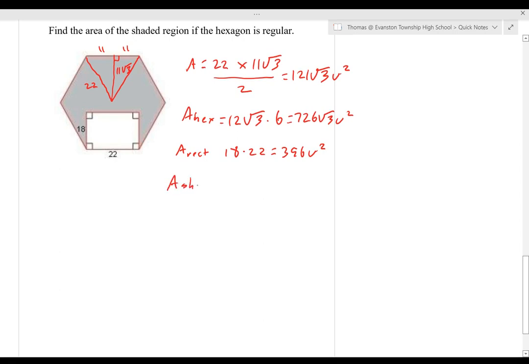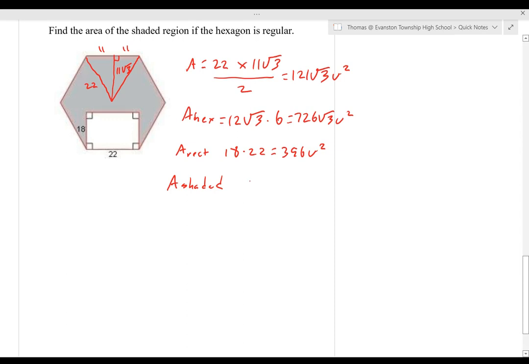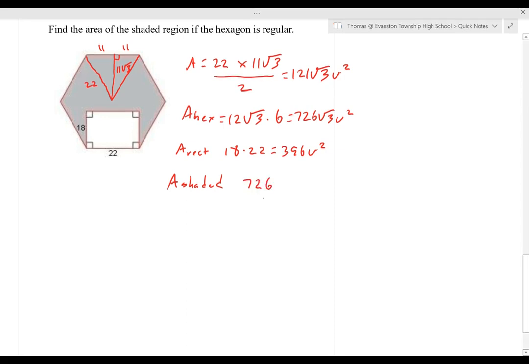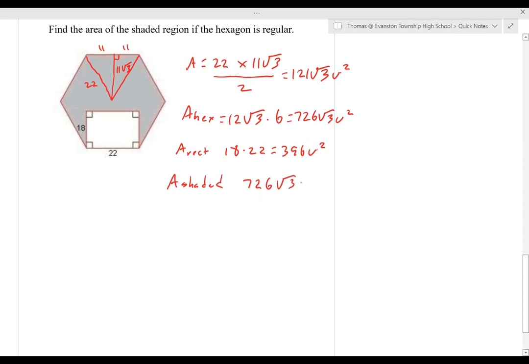So the area of the shaded region is going to be the area of the hexagon total, which is 726 square root of 3 minus 396. So in this case, I'm going to calculate this out, and it comes down to be approximately 861.469 units squared.